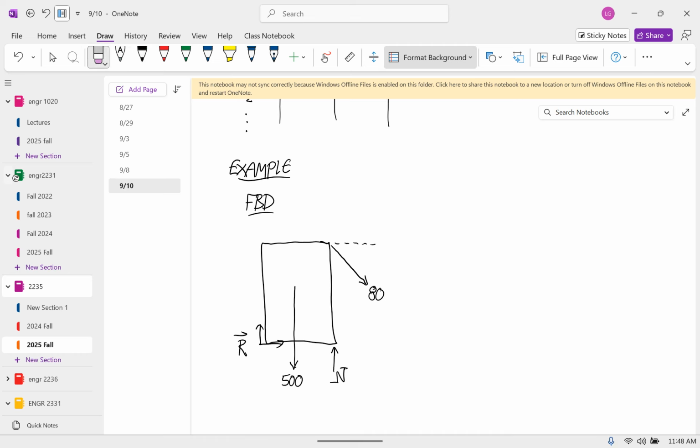I guess I'm not putting the units in, but it's in newtons, and let's say that this is 60 degrees. And if this is in static equilibrium, we want to calculate what R and N have to be.